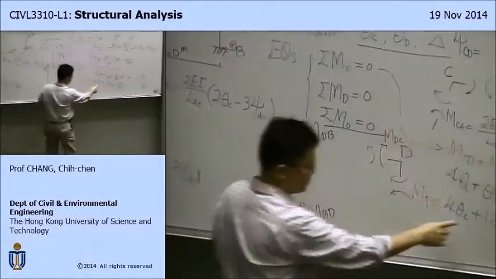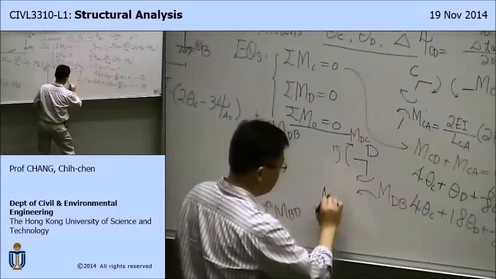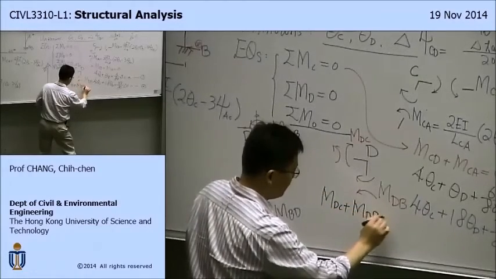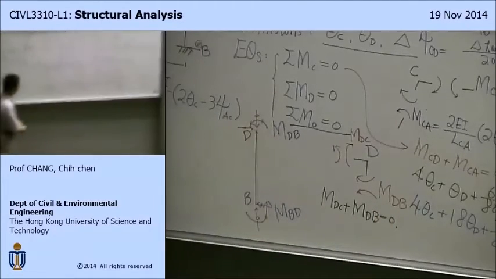So this equation is from summation MDC plus MDB equal to 0. So it's here.